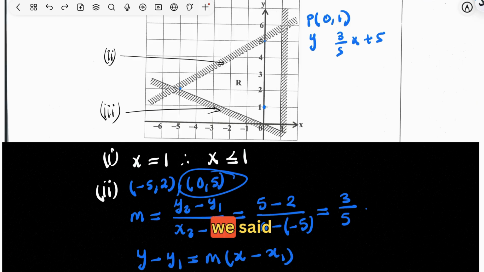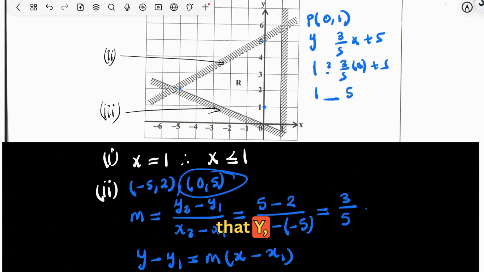At this point y is 1, so I put 1, question mark, I don't know what the sign is. X is 0, so this is 3 over 5 multiplied by 0 plus 5.